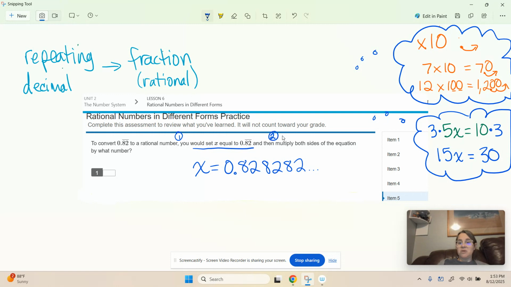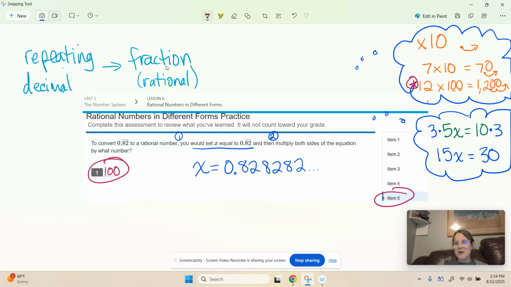Then multiply both sides of the equation by what number? The answer here is that we are going to multiply by 100, because let me show you why. Remember, way up here, we agreed that if we multiplied by 100, the decimal would move 2 places to the right. The answer to this question is 100.